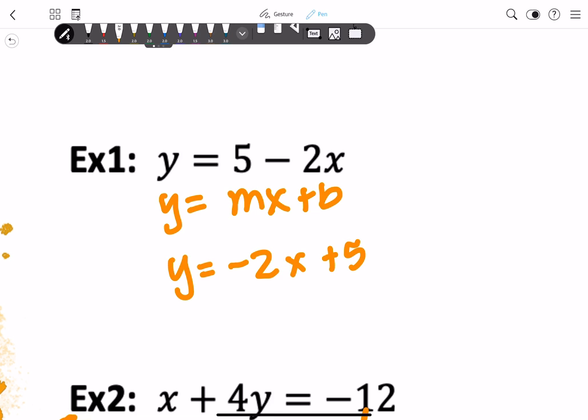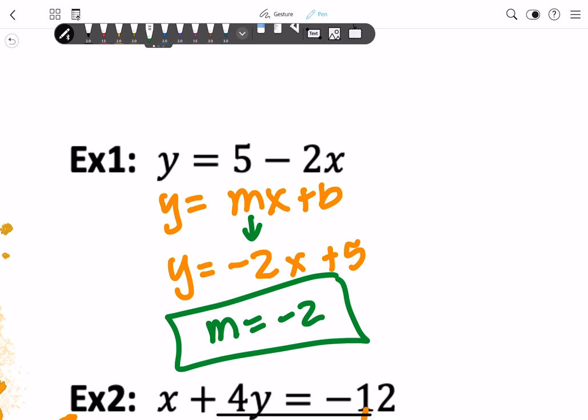Now, if you wrote it this way, you're not wrong. I would not count you wrong. But just know that sometimes you might not see it that way, and you need to know how to write it the polite way. And then look right here. Your slope is exactly where it's supposed to be, and so you know that it's going to be -2. It's that easy.